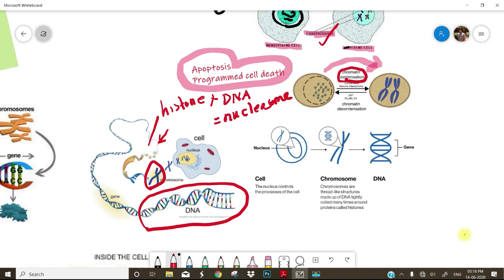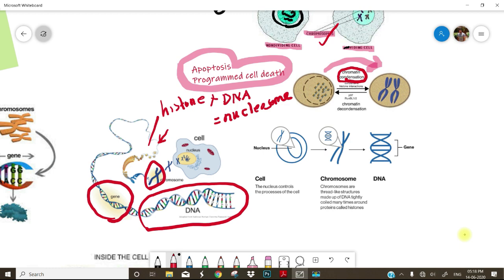And finally, what is a gene? Genes are small sections of DNA that code for proteins, and they are the working subunits of DNA.